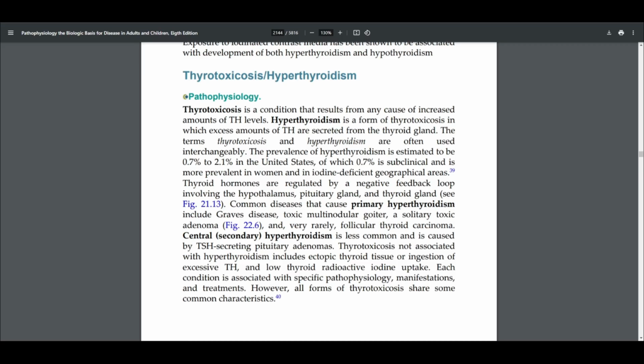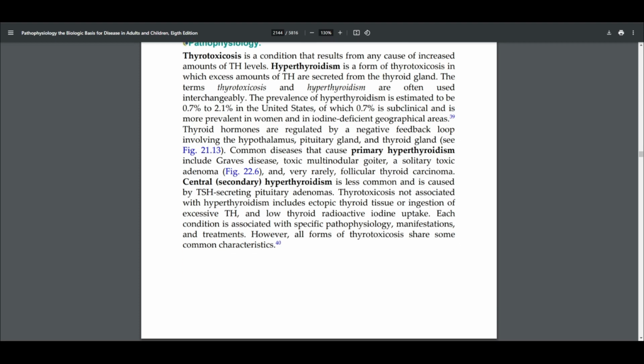The terms thyrotoxicosis and hyperthyroidism are often used interchangeably. The prevalence of hyperthyroidism is estimated to be 0.7 to 2.1 percent in the US, of which 0.7 is subclinical, and is more prevalent in women and in iodine-deficient geographic areas.